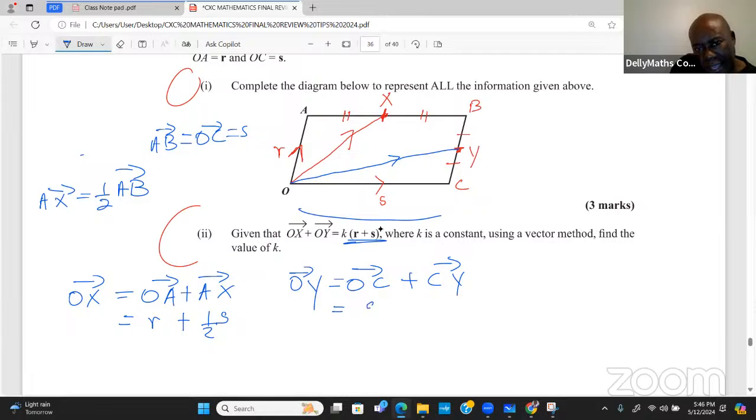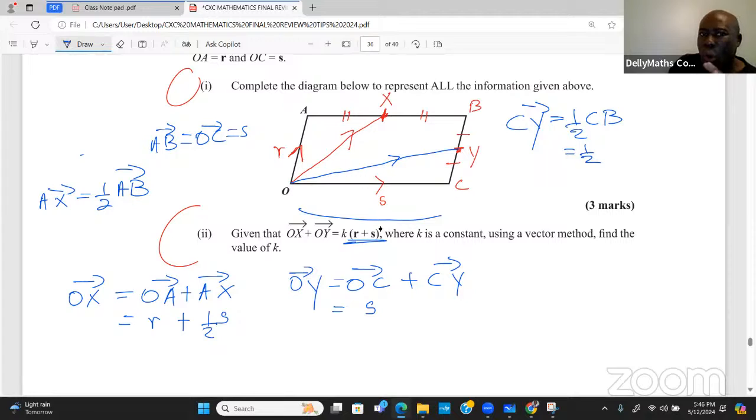We know that this is S. But CY, we were told that Y is the middle. So C to Y is a half of C to B. And this means that it is a half of CB.